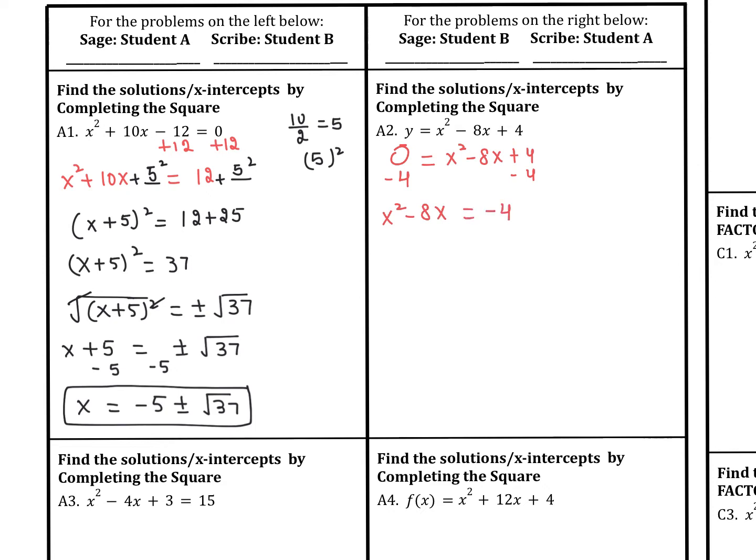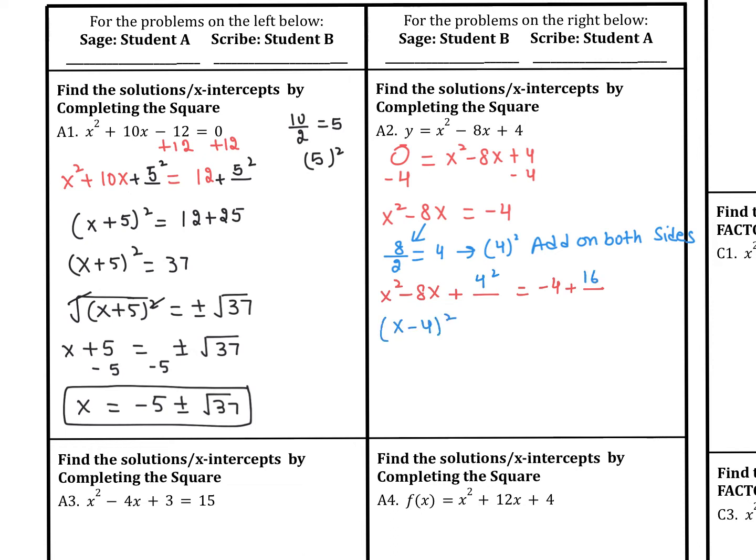You're going to have 8 divided by 2, half of b, equals 4, and you're going to add 4 squared on both sides. So you're adding 4 squared, or 16, on both sides. Here you got (x minus 4) squared equals negative 4 plus 16, which is 12.